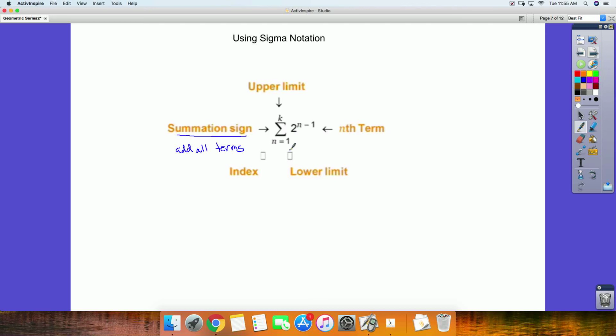Then we have our index, which is n. And then this is our lower limit. So that means our first term in this problem is 1. And then our upper limit here is going to be whatever the highest one is that they want. So 5, 10, however many terms long it is. And then this is your rule.